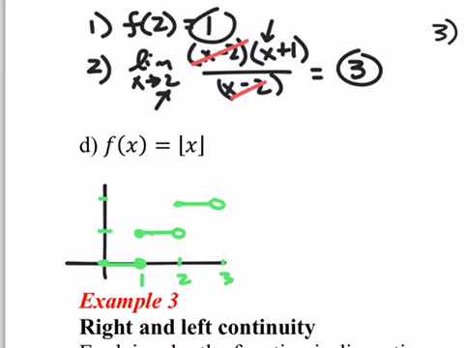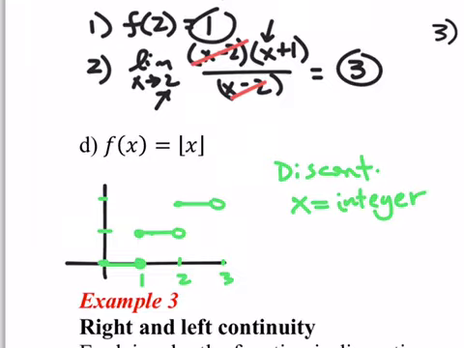Okay, so for what values of x would this not be continuous? We could say that this would be discontinuous for x equal to any integer. Right, I think we can agree at 1, at 2, at what would end up being 3.